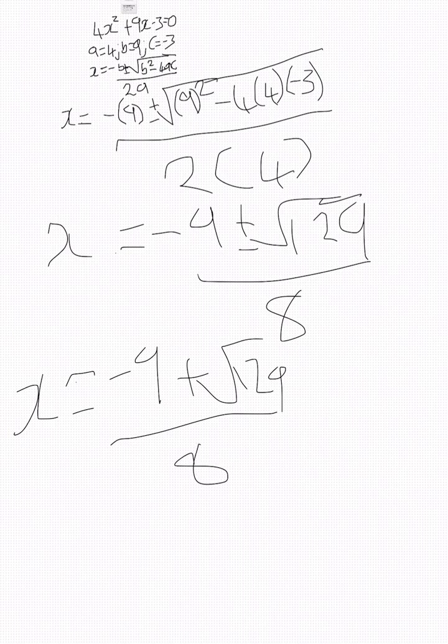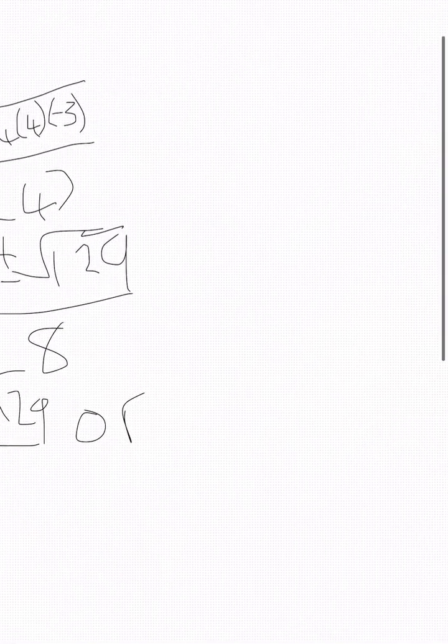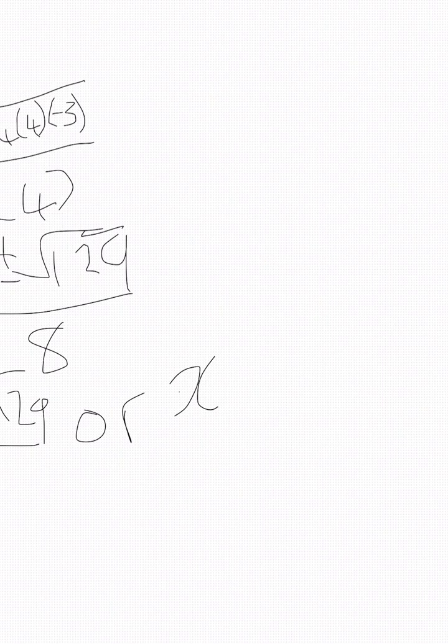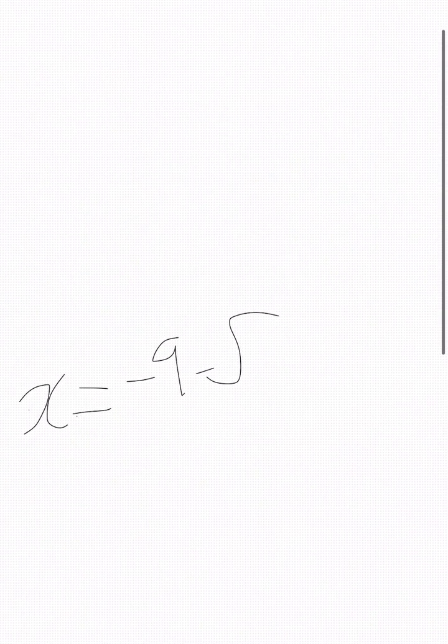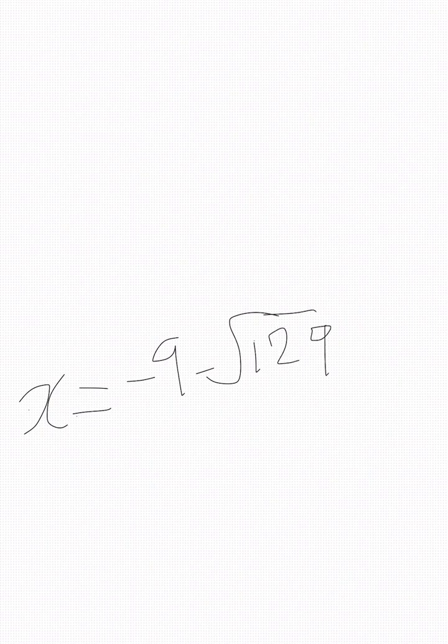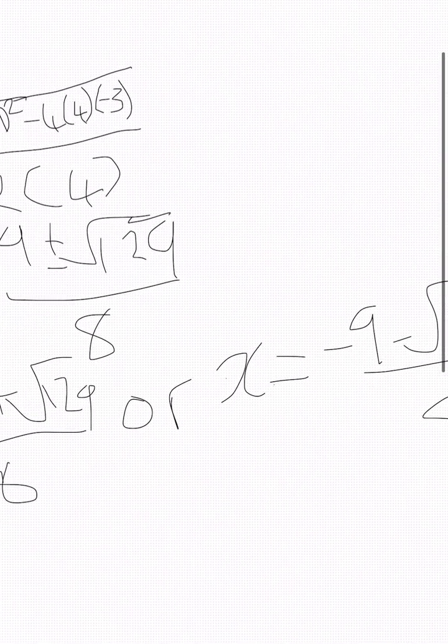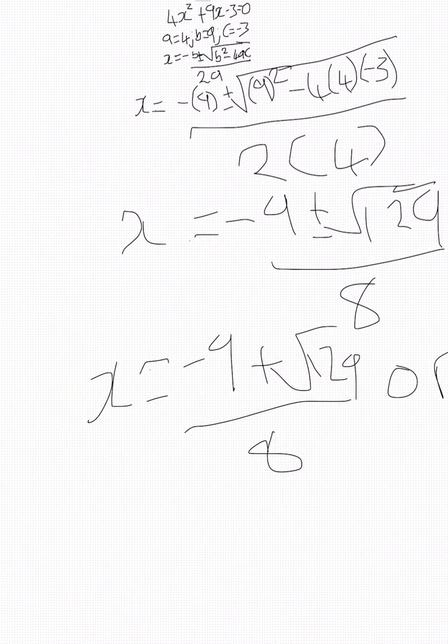And then the second answer will be when your x will be equal to minus 9 minus square root of 129 all over 8. And they specify that you should correct this to 2 decimal points.